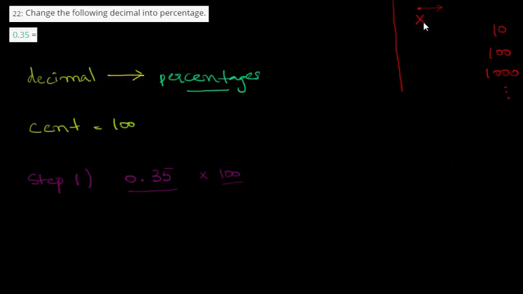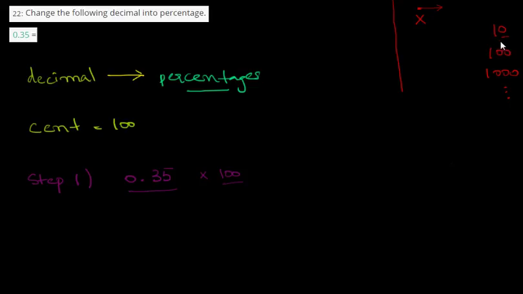So the decimal is always going to move towards the right when we're multiplying a decimal number. The second rule is to identify the number of spaces that the decimal point is going to move. So in order to be able to do that, we need to calculate the number of zeros in the number that we're going to multiply the number with, which is, let's suppose, 10.